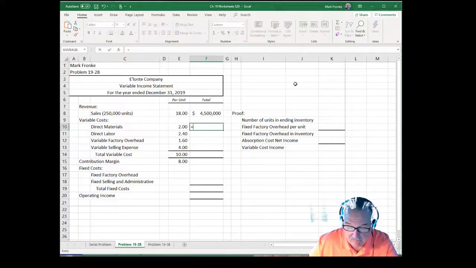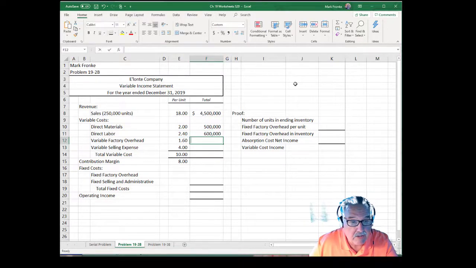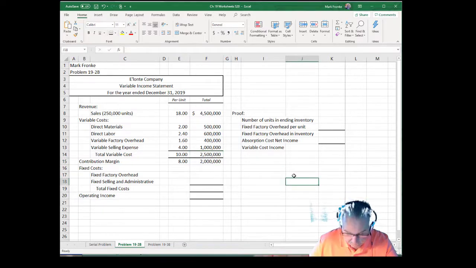So our contribution margin per unit is $8, and if we multiply each one of our variable costs times the number of units that we sold, 250,000 units, when we total it up, we get 2.5 million as our variable cost and 2 million as contribution margin.